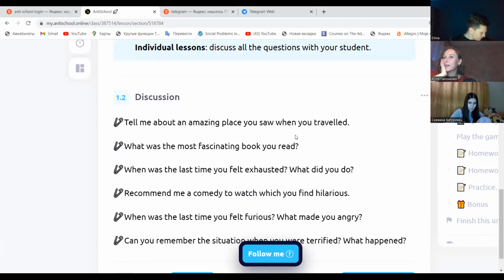I travel a lot in our country, but the most wonderful place that I saw maybe was our sea, the Black Sea, because there are amazing sunrise and sunset. I woke up at 6 a.m. to watch this view.